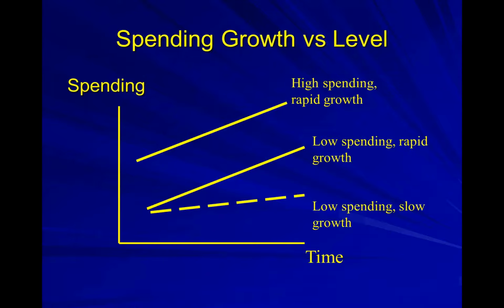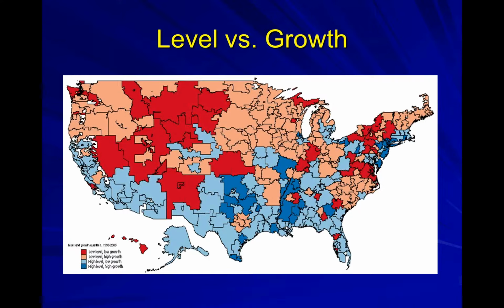For example, this is a map of the United States, and the colors on the units on the graph are what we call hospital referral regions, which is just a unit of geography. And the colors represent whether the area was high level spending, above or below the median, and high rate of growth above or below the median.